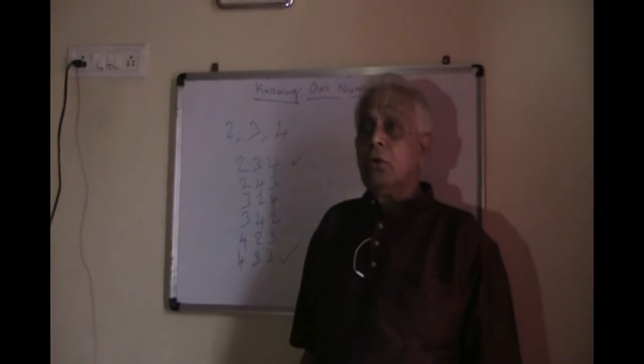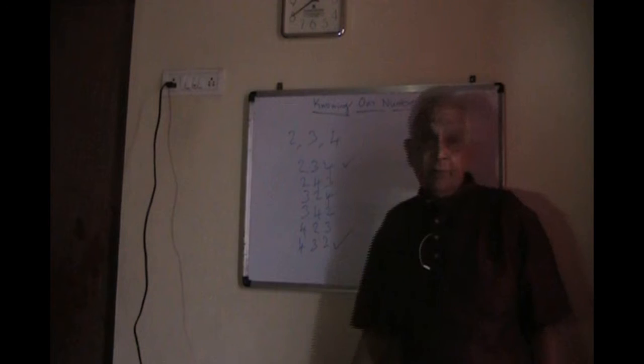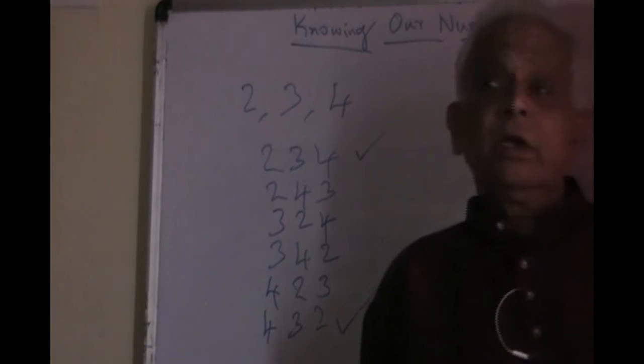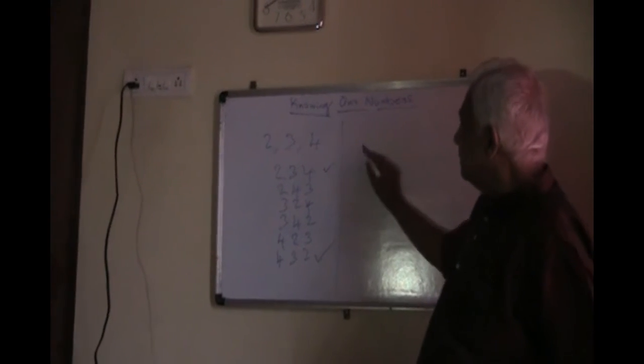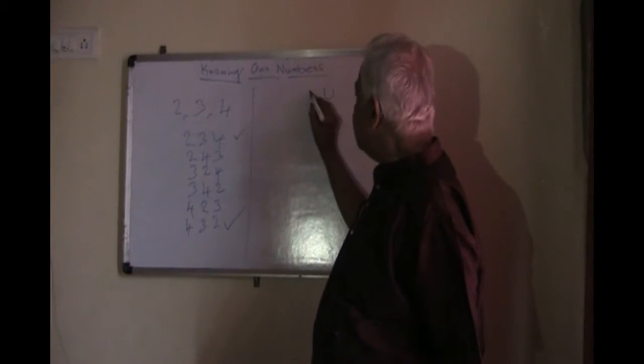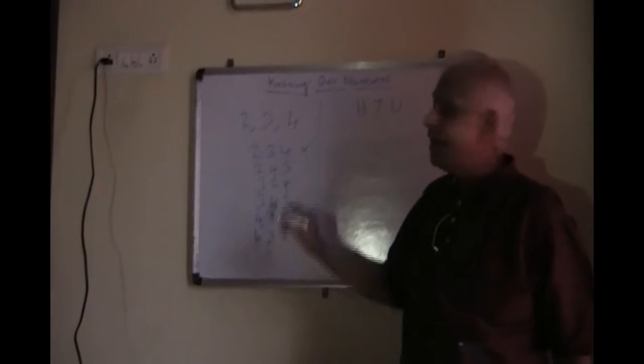So you now go to the next step of placement of numbers. The placement of numbers is how the numbers, the digits are placed in which situation. Just I will write. Say this is the unit place. This is the 10th place. This is the 100th place.